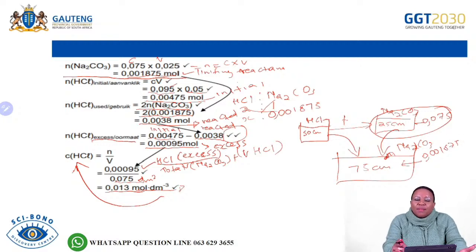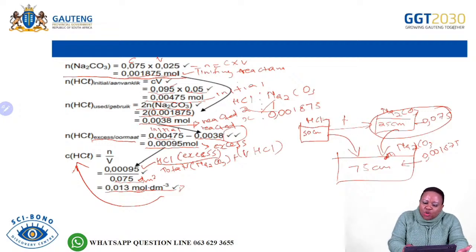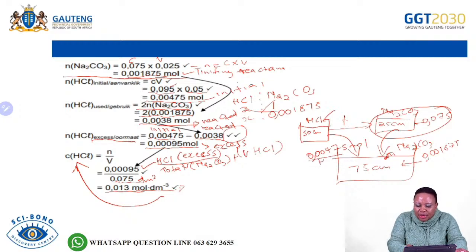Then you know the number of moles of sodium carbonate that are inside the beaker. And you also know the number of moles of acid that will come here, because we found it initially as 0.00475 moles. So it means initially we have poured 0.00475 moles of acid, which is HCl, and 0.001875 moles of Na2CO3. That is what we did initially.